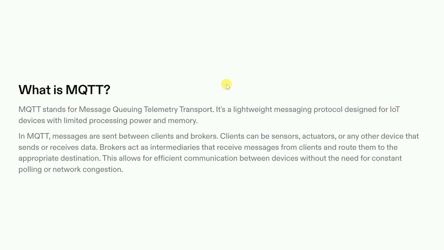So it's basically a system where there's a client and there's a broker. Take an example of a client as a device that has sensors, actuators, and so on, and its only work is to sense the temperature. If it's a temperature sensor, it senses the temperature, reads it, and sends it over to the cloud.